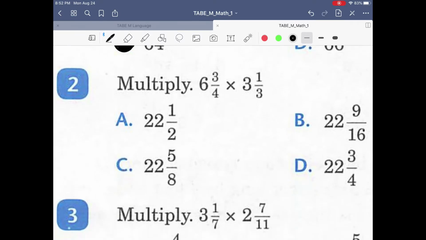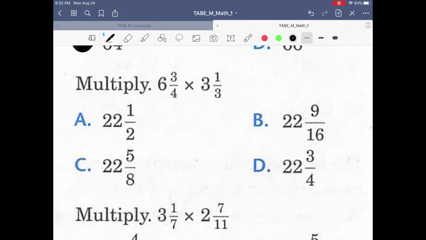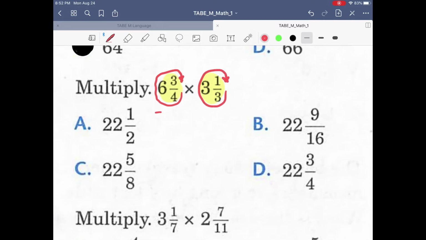In number 2, I have two mixed numbers. So I need to do that process twice. I have this one and this one. Remember, you want to work this way. Do it twice. So here I have 4 times 6 plus that top number.